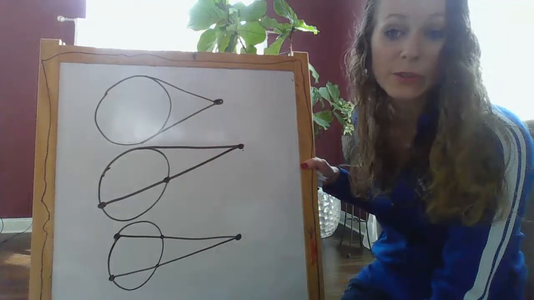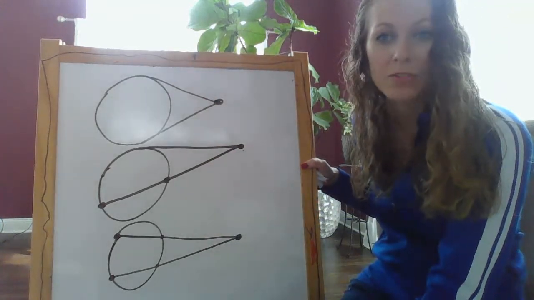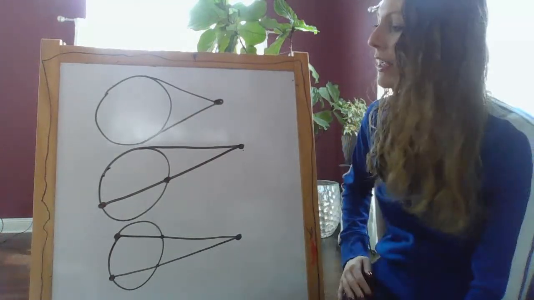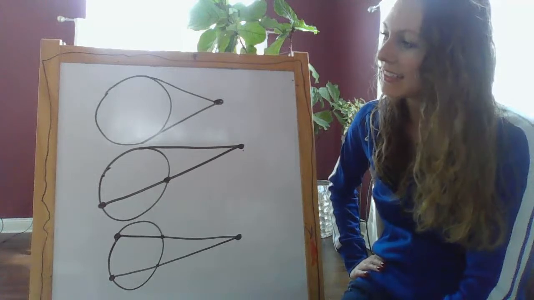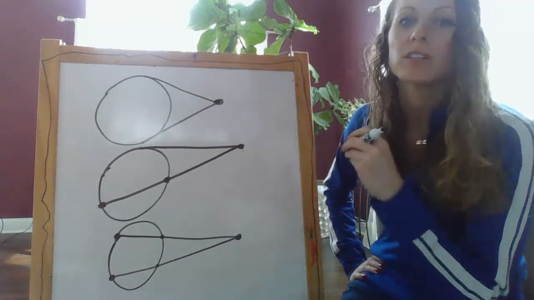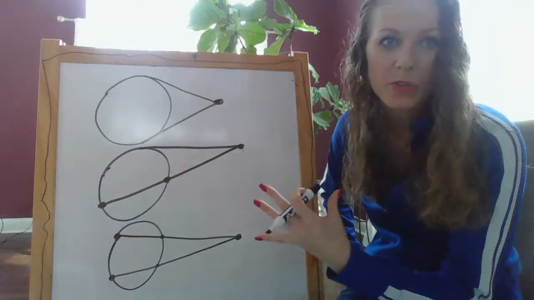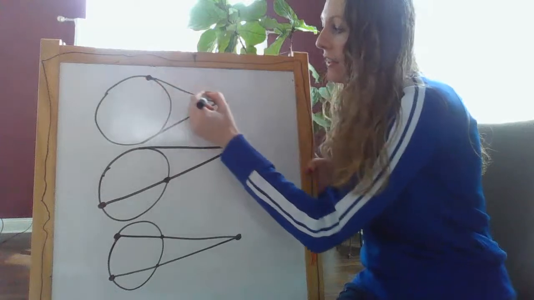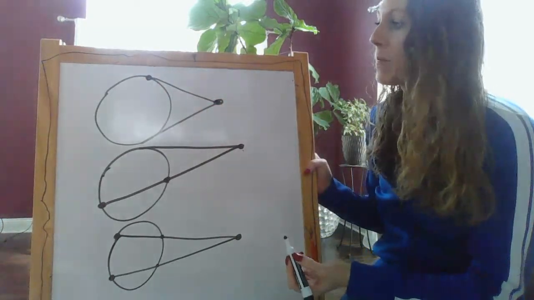Really, we can use the same rule every time, just to simplify it. Technically, they turn out to be ever so slightly different, but we can basically say outside times whole equals outside times whole. So when I say outside, I'm talking about the part of the segment that's outside.